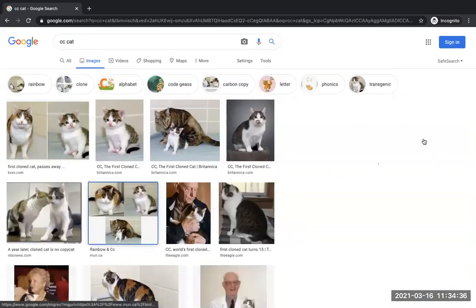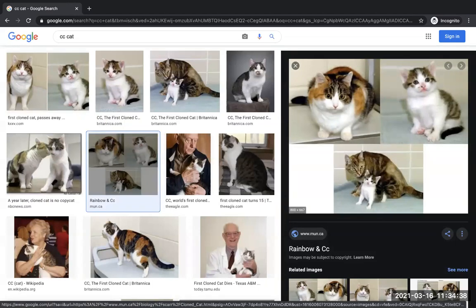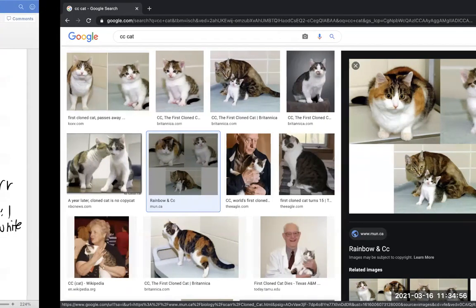Then I showed you this photo, and I said they took some skin cells from this cat, it's not the mother, they're more like twins, and they cloned her, and they got this cat. This cat looks different than this cat. So how does that happen? That's what we're going to look at.